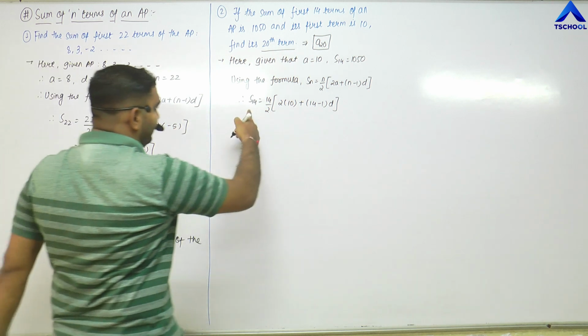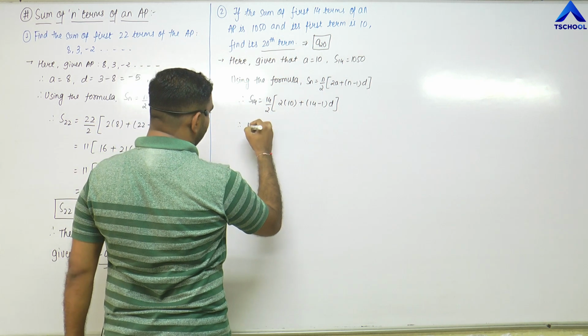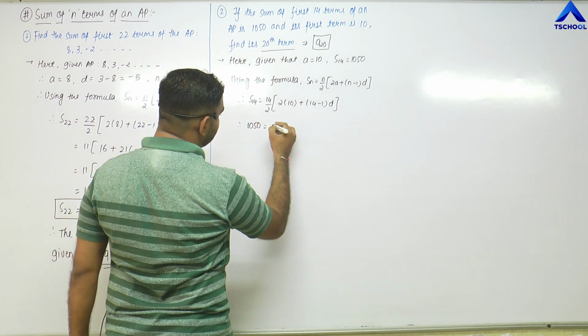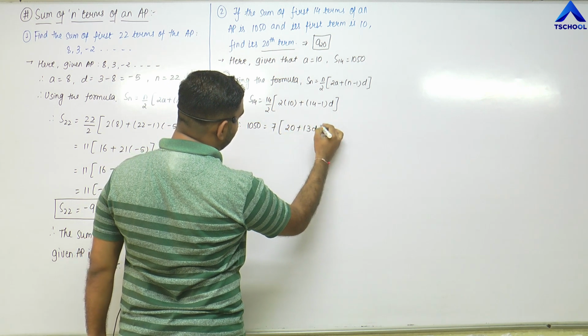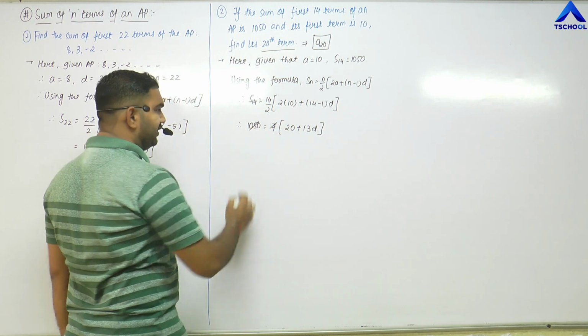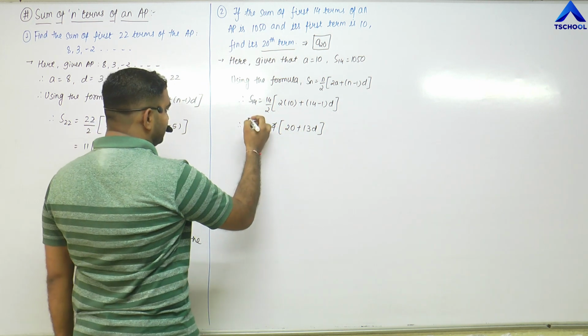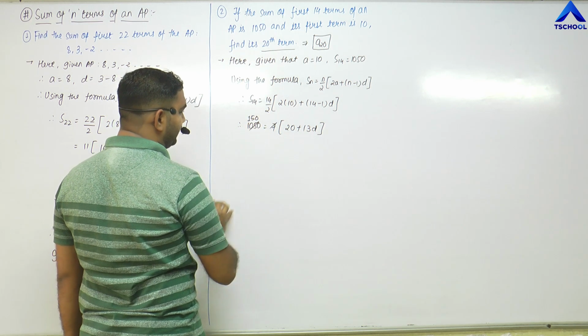How? In place of S14, we shall put 1050. Therefore 1050 equals 7 into 20 plus 13d, right? You can cancel this 7 into 1050, that is 7 into 1 is 7, 7 into 5 is 35, and 0, that is 150.